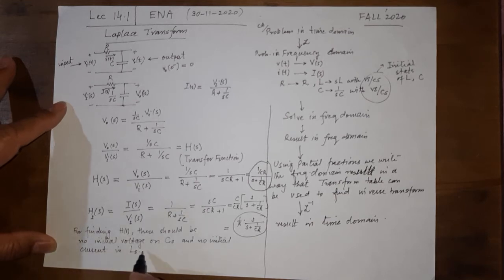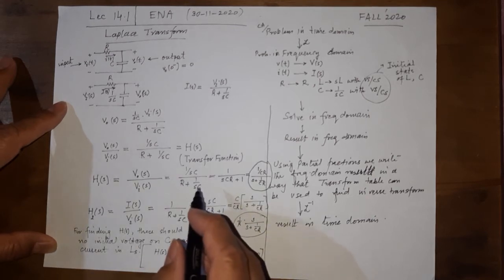This is very important. So the transfer function is only found without the initial conditions. H of S is only found when all initial conditions are 0. This is very, very important.